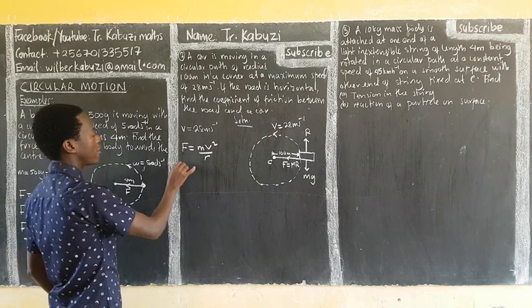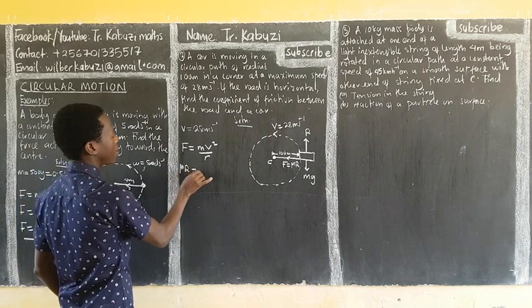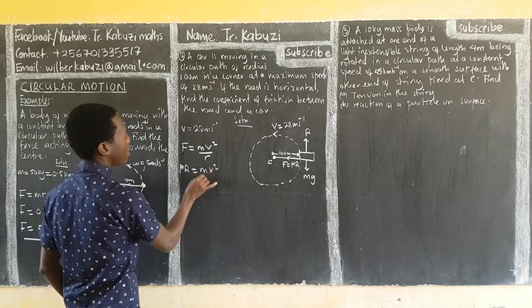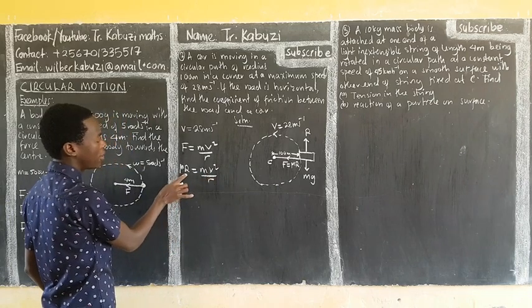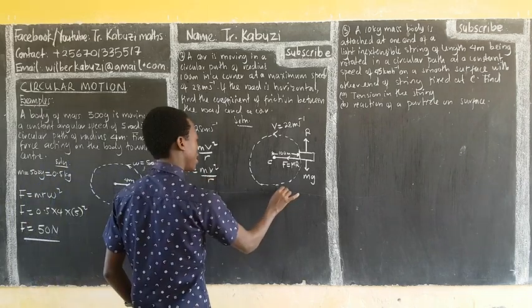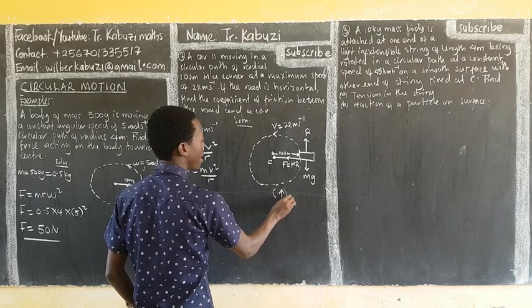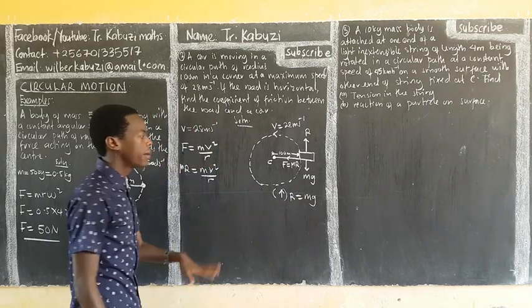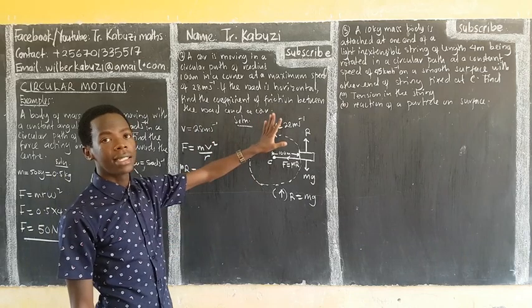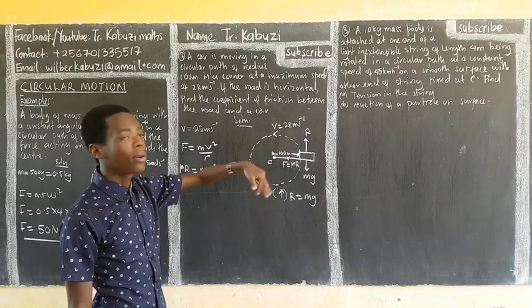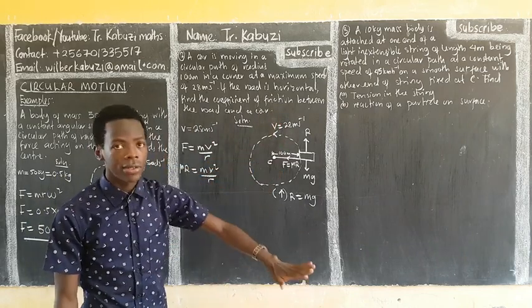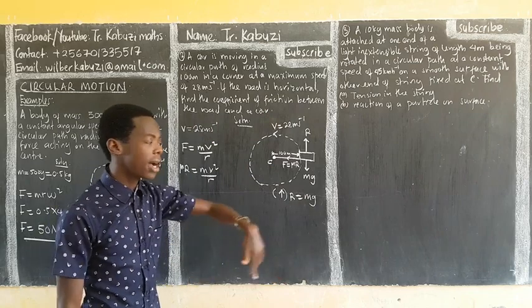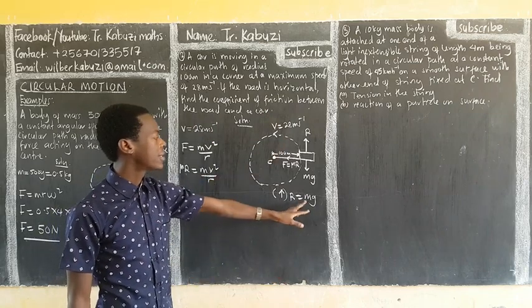So this is going to be mu R equals m v squared over r. Now R is going to be equal to mg, because there's no other force acting vertically. The road is horizontal, so the car is moving around horizontally.